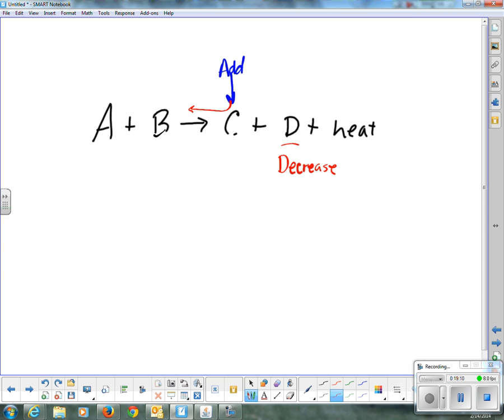Okay? If I had a KEQ that was 0.00025, what does that tell me about this reaction? Well, it tells me I have mostly what? Reactants.